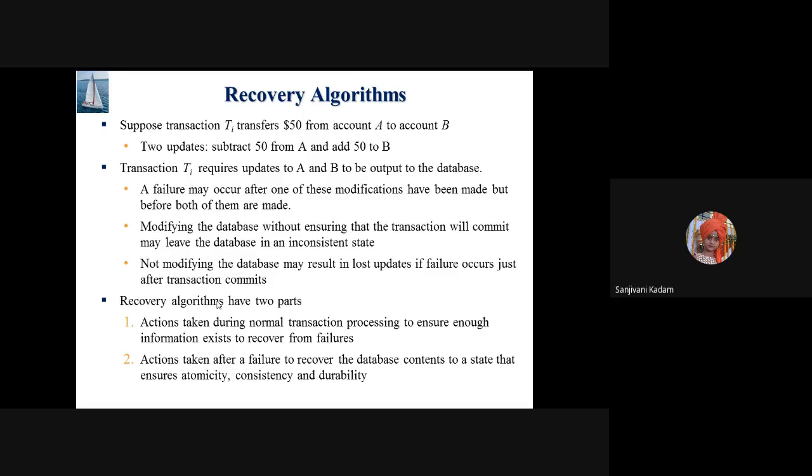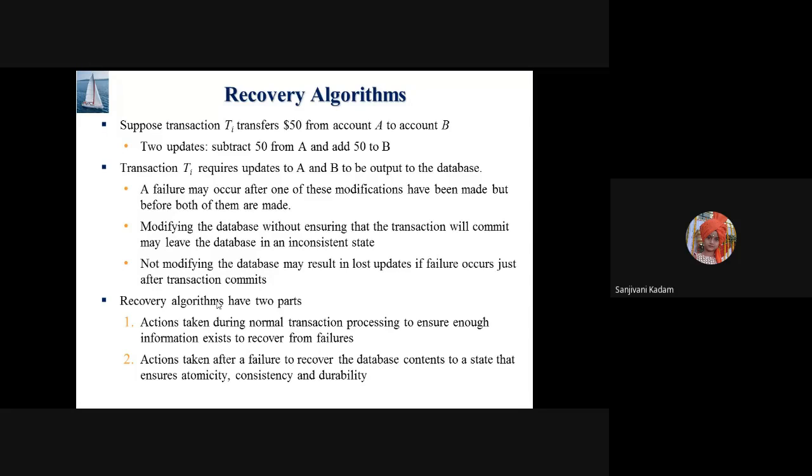So for this purpose, we need to take two steps for a recovery algorithm. A recovery algorithm always performs recovery by using two parts. The first part is the actions taken during normal transaction processing to ensure enough information exists to recover from failures.